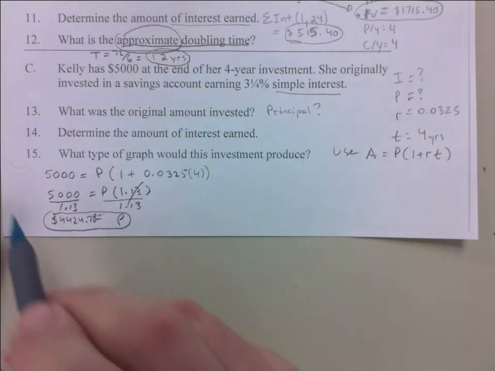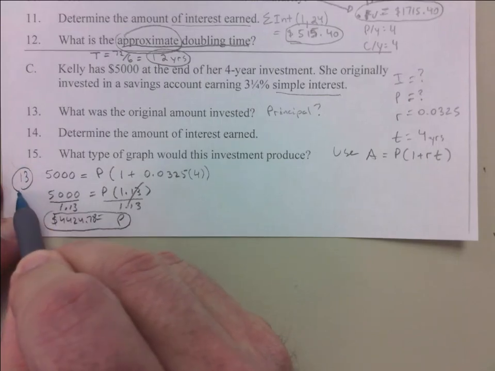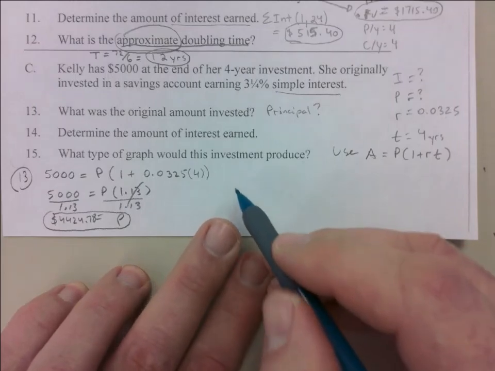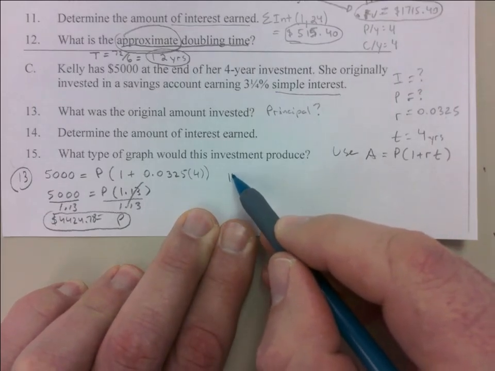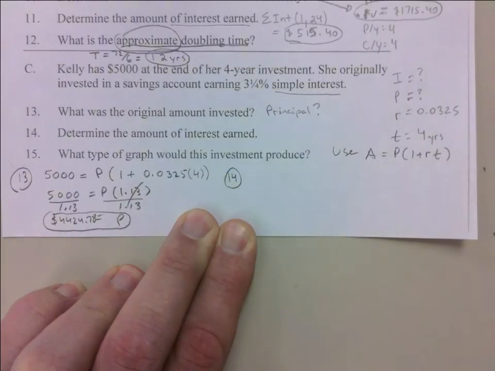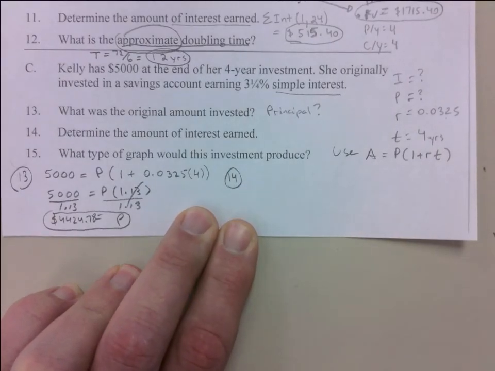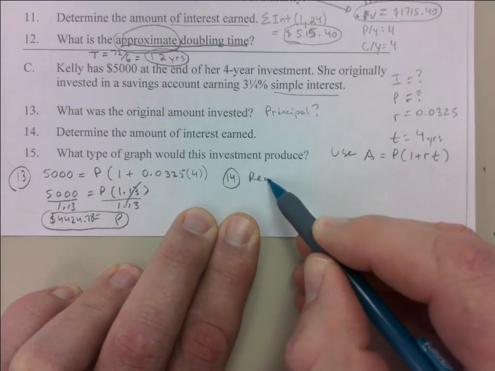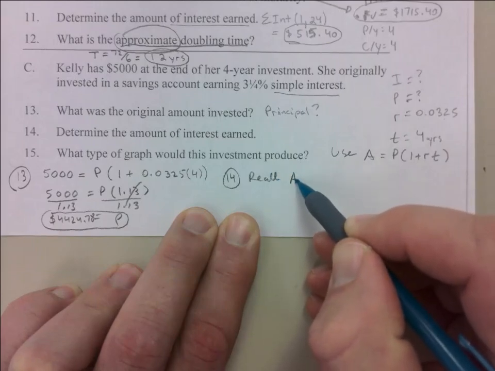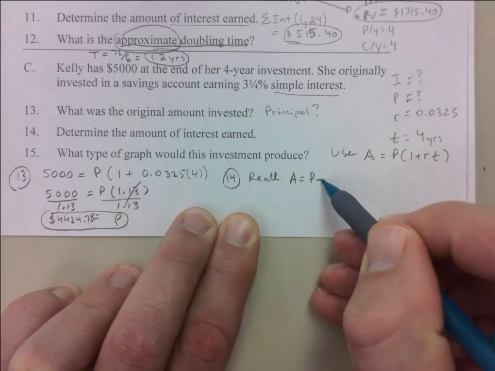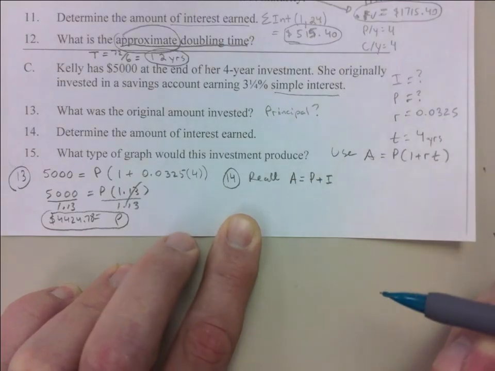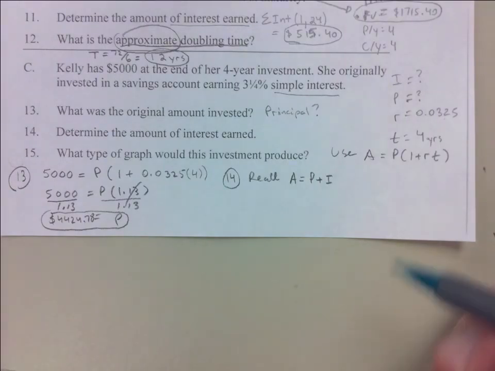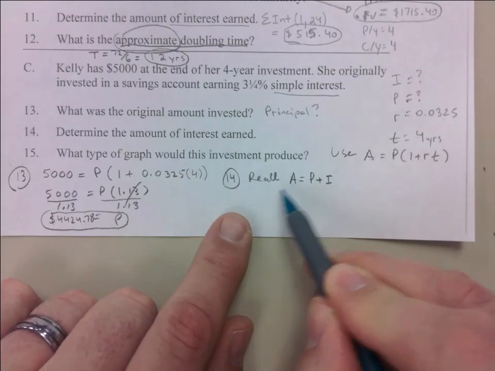This is question 13, by the way. Determine the amount of interest earned. Recall that the future value is always principal plus interest. I have the future amount.